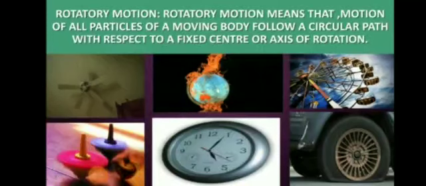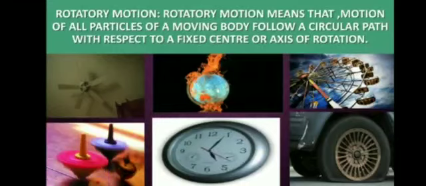Now we see what is rotatory motion. Rotatory motion means that motion of all particles of a moving body follow a circular path with respect to a fixed center or axis of rotation. Now we can see examples here.